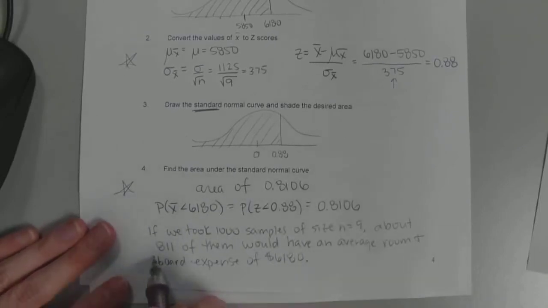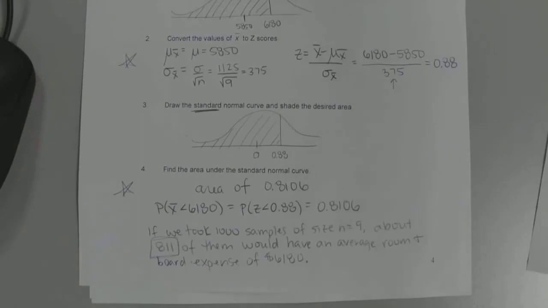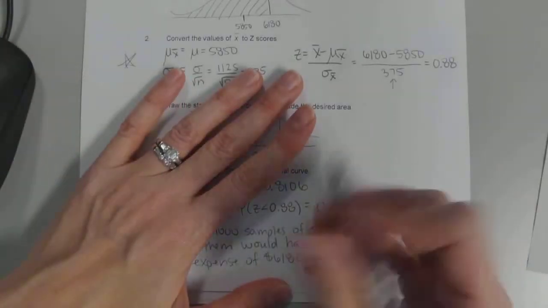And once you write that down, go back and ask, where did I get the 811? If we took 1,000 samples of size 9, about 811 of those 1,000 samples would have an average room and board expense of 6180 or less.